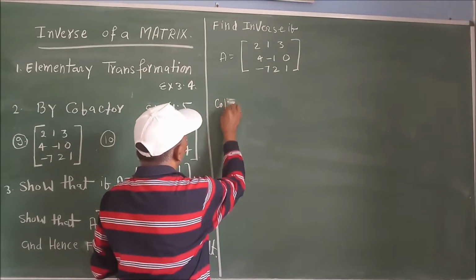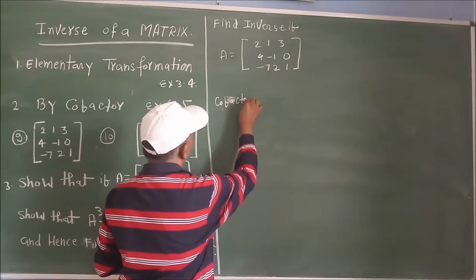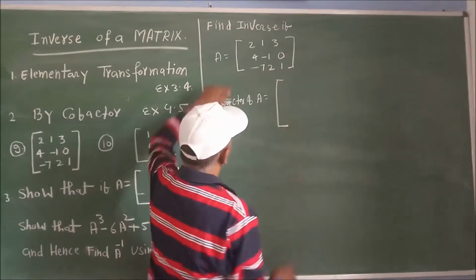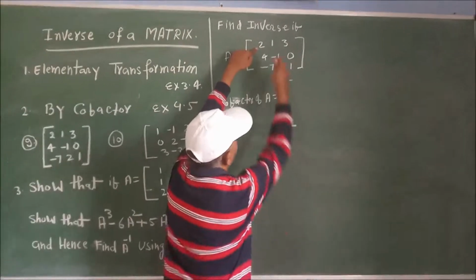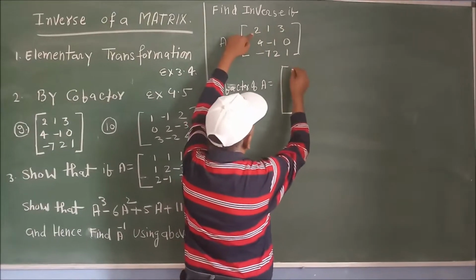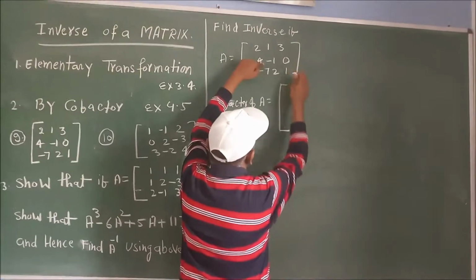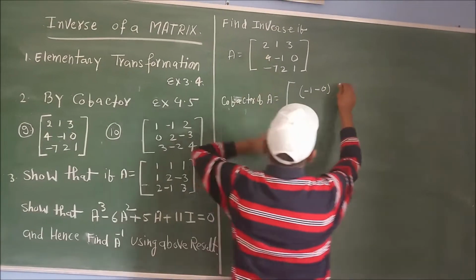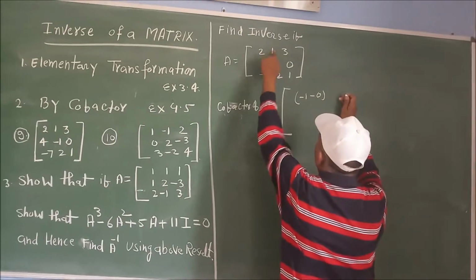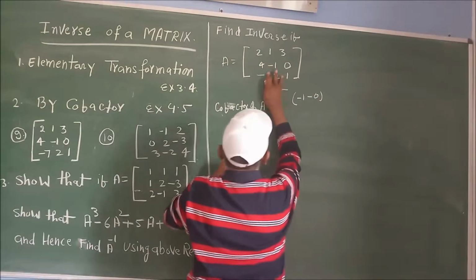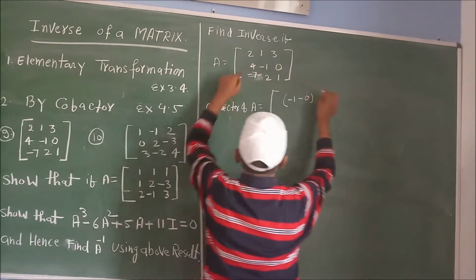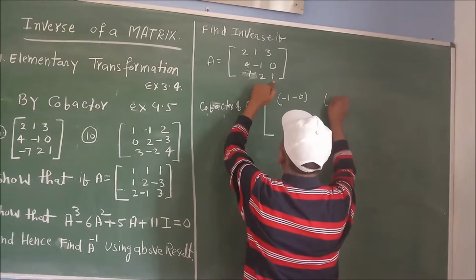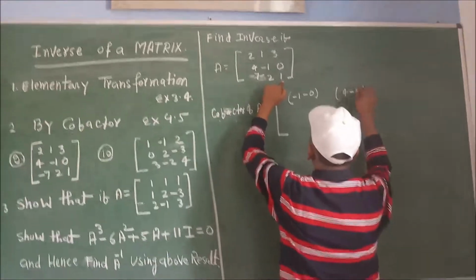So you may write cofactor of A. Cofactor of 2 is equal to how much? Cancel the first row and first column. So we will get 1 into minus 1 minus 0. Again, cofactor of 1: cancel its row and column, so you will get 4 into 1, 4 minus 0.